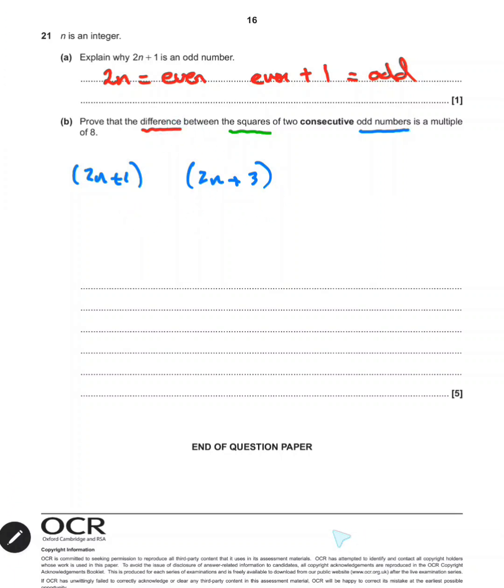This difference in the question is a subtraction. And don't forget the bit that says the squares of consecutive odd numbers. So this is the algebra from the question. We now need to just work this out. What we've got is two sets of double brackets to expand.